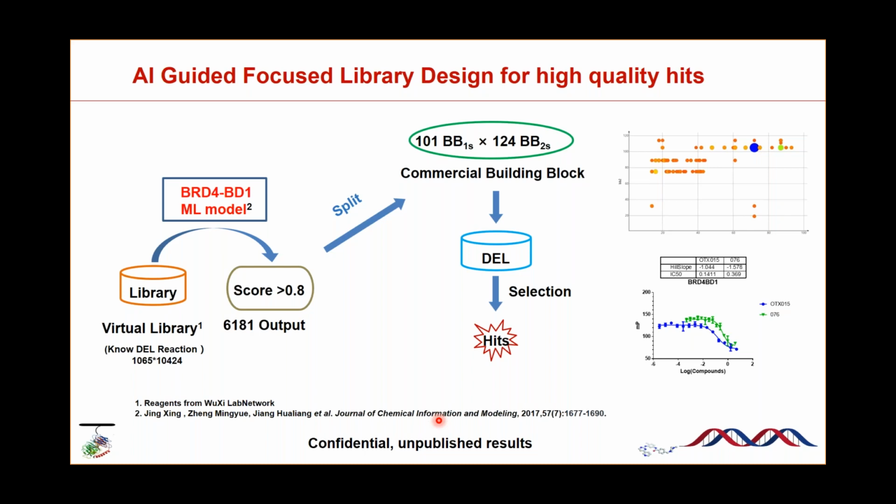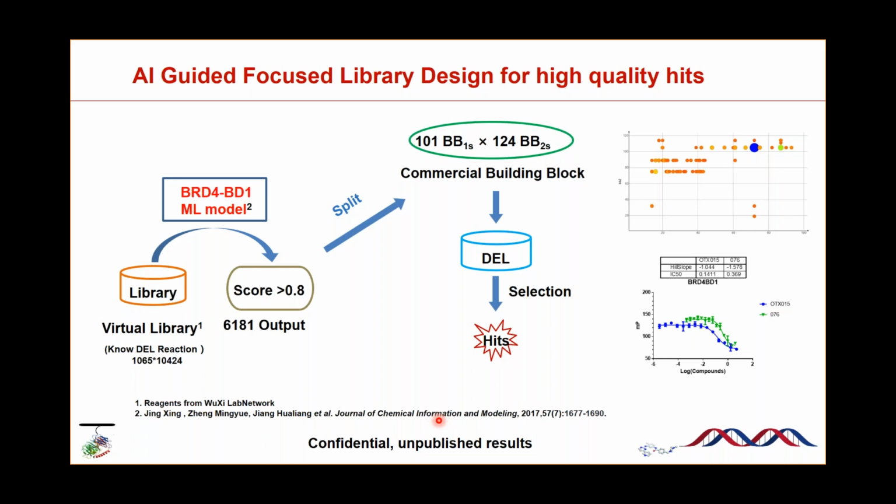Using this data we made a virtual library of reactions based on the simple reactions we have. By using this model, we screened this virtual library, and we took around 600 virtual compounds that have scores larger than 0.8, where the highest score is 1.